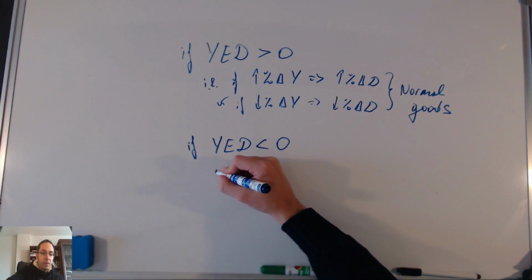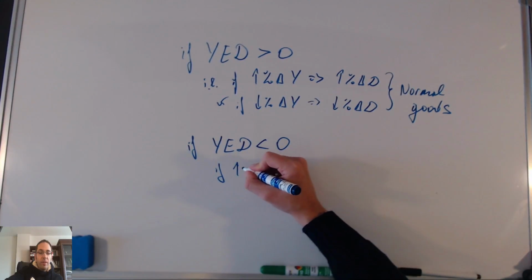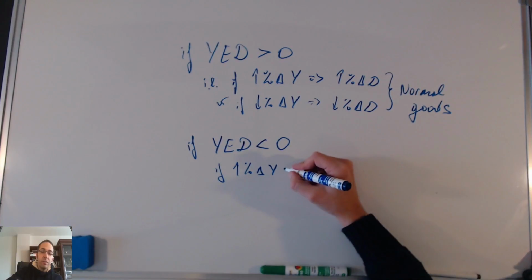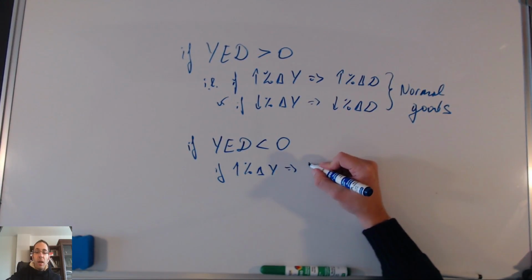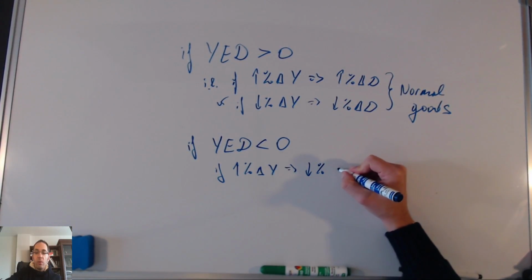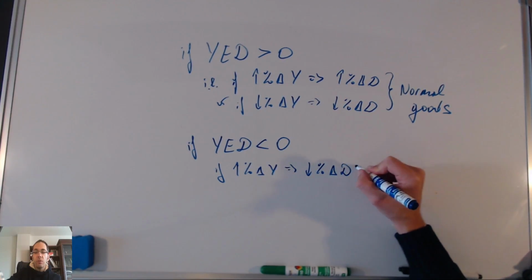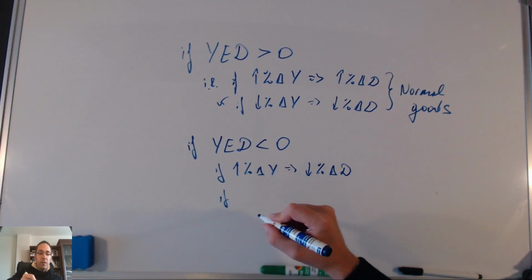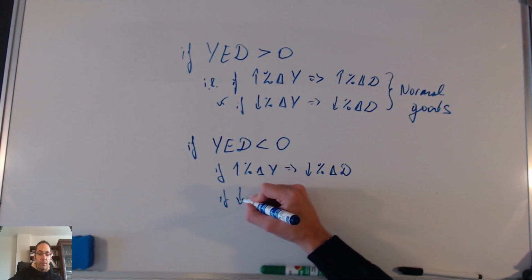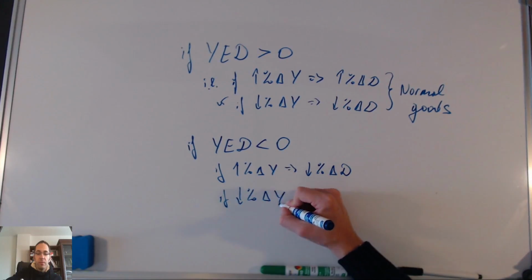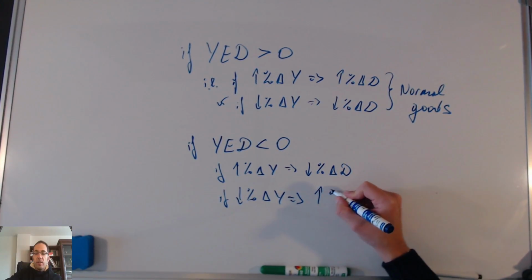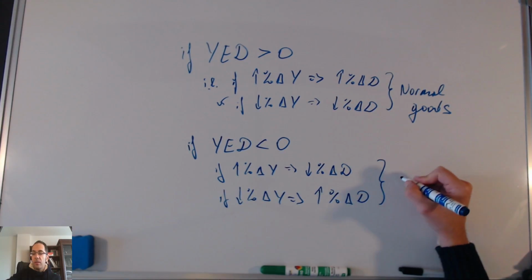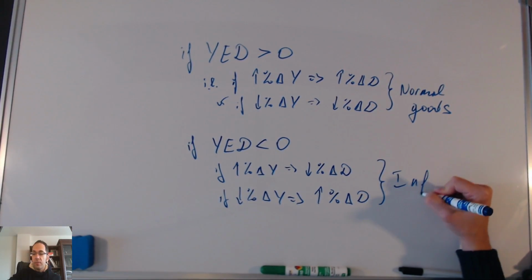This would mean that if we have an increase in the percentage change in income, so if we're getting richer, the demand for the specific good will fall. We are going to consume less of it. And alternatively, if our income is falling, so we are getting poorer, then the demand for this good will be rising. And this is typical of inferior goods.